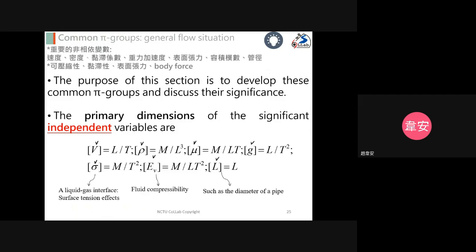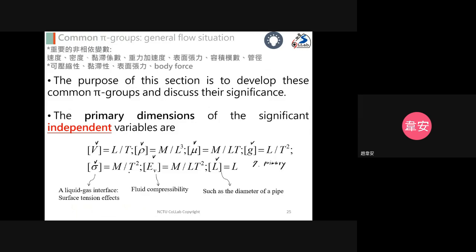So totally there are 7 primary dimensions, and we call them the significant independent variables.